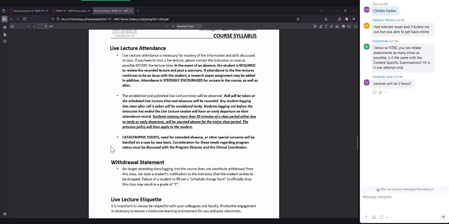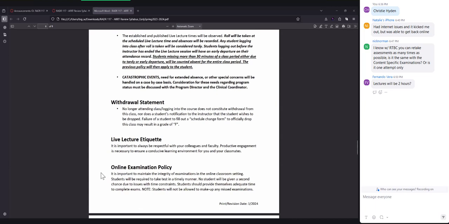Catastrophic events, again, contact me or contact Mr. Gage if you're more comfortable contacting him. He's really good about getting in touch with me if a student has a problem or needs some assistance. He'll let me know. If something major happens and you don't feel like you're going to be able to finish the course, please drop. Fill out the schedule change form and officially drop the class.